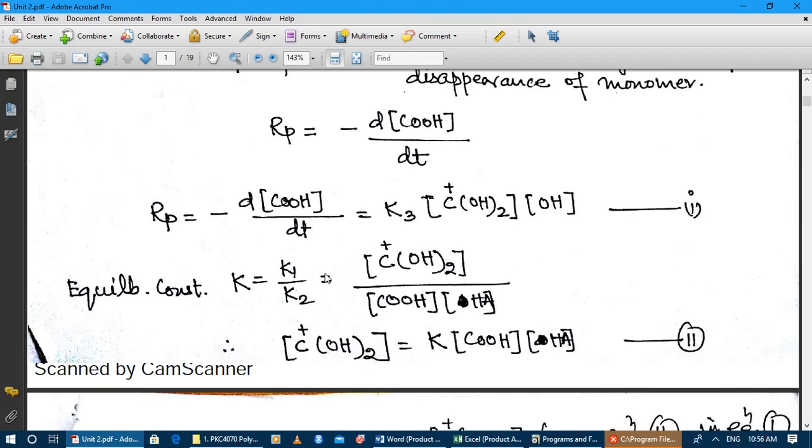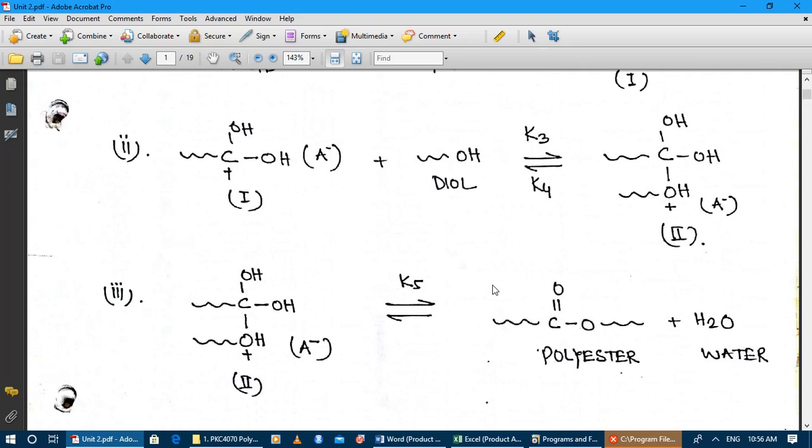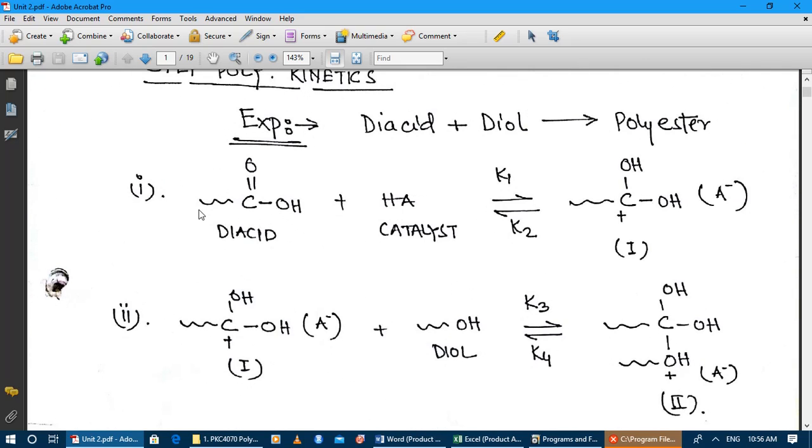This will be equal to the concentration of the intermediate divided by the concentration of the carboxylic group and the concentration of the catalyst HA in step 1. The rate constants are k1 and k2, and the product is species 1.